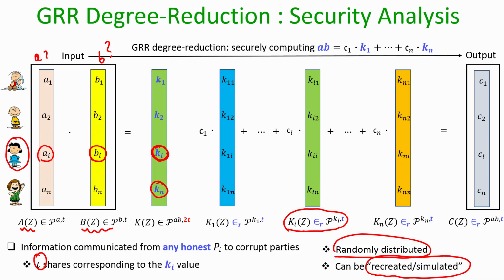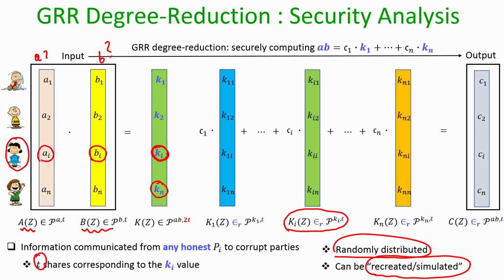That means, if we give the simulator the input and the output of the corrupt guys, based on this can you recreate whatever values, whatever messages the honest parties would have communicated in the real execution of the MPC protocol, the simulator should be able to do that.